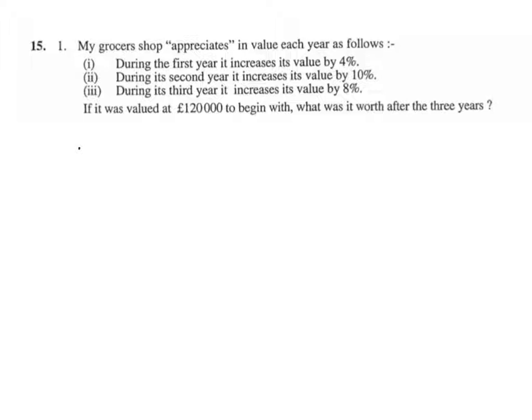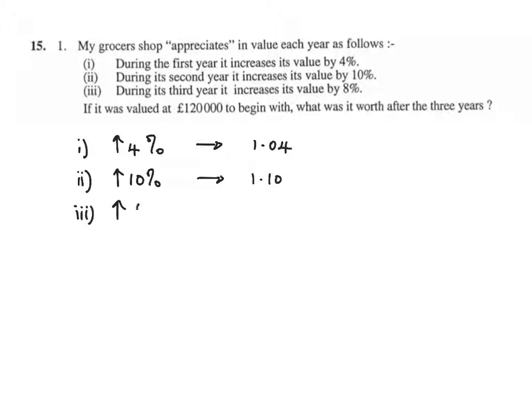Now, part 1, we have an increase of 4%, which means that the decimal multiplier will be 1.04. And part 2, we have an increase of 10%, which means the decimal multiplier will be 1.10. And then we have, in the third year, an increase in value by 8%.